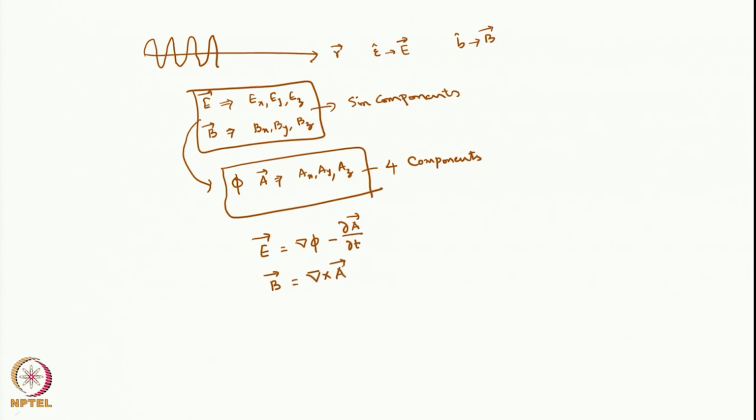Now, since we have to go from 6 components to 4 components, of course there is some redundancy. So, there are infinite ways one can make this transformation.